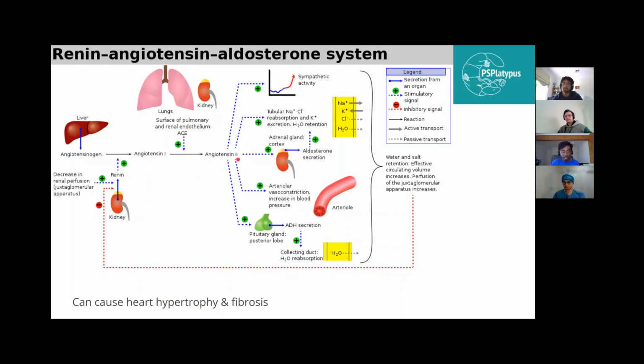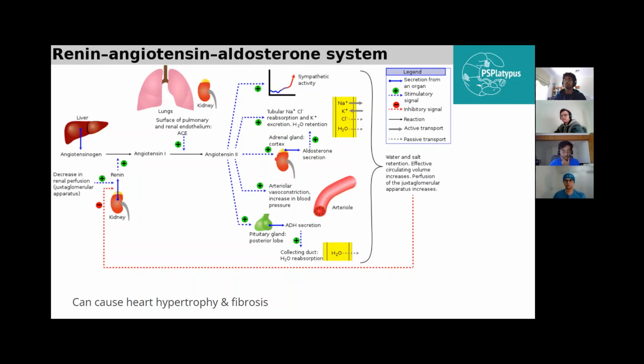And angiotensin has a bunch of effects, which all, at the end of the day, increase blood pressure. For example, by tubular sodium reabsorption, we're going to reabsorb water back into the blood. By reabsorbing water into the blood, we increase the blood volume, which increases the blood pressure.